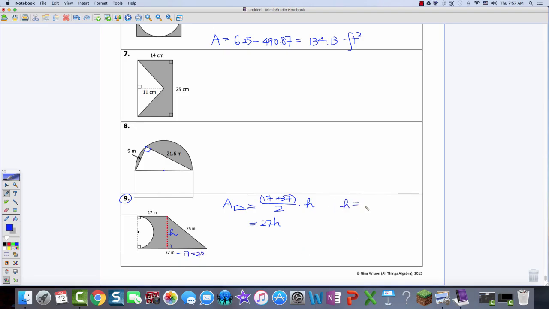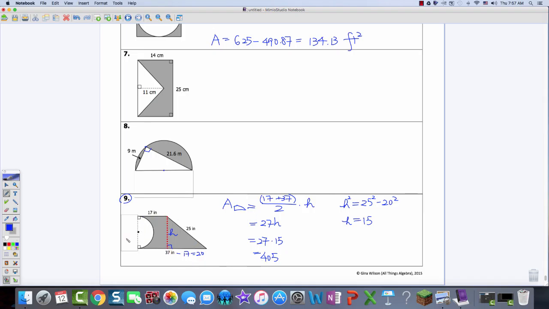So if I do a sidebar, I could have h squared equals 25 squared minus 20 squared. So h, if I do my calculation, h comes out to be 15. And now I can plug it back in. It's 27h, 27 times 15 should be 405. Bingo.